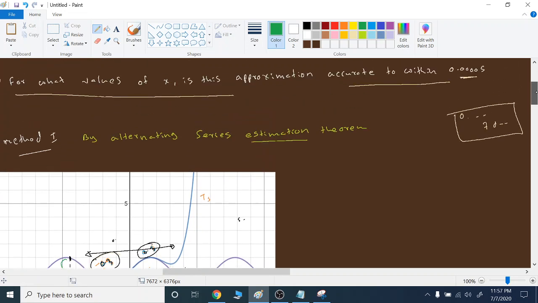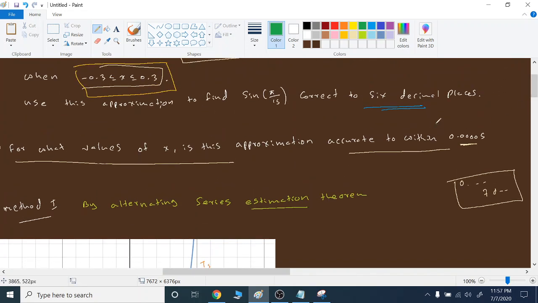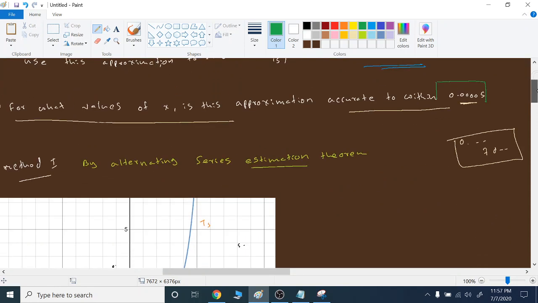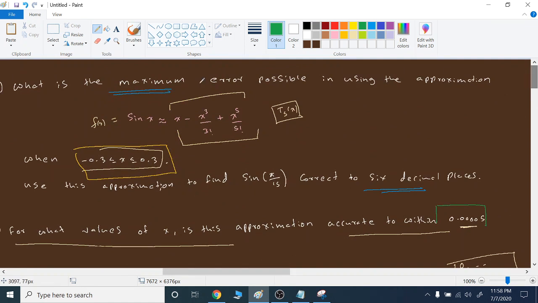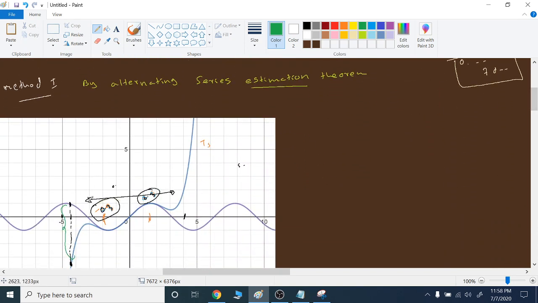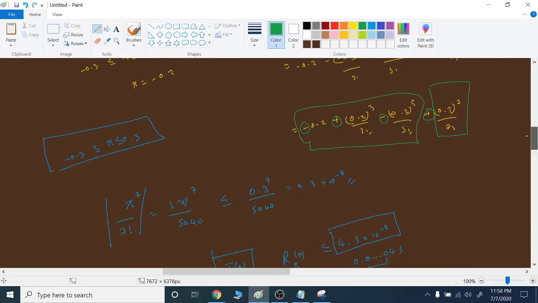Here the question asks us to find the suitable region so that the same approximation, that means we are not changing the graph, has an error only within this amount. So basically we are going to increase this range, and we can clearly see that the error will also increase.